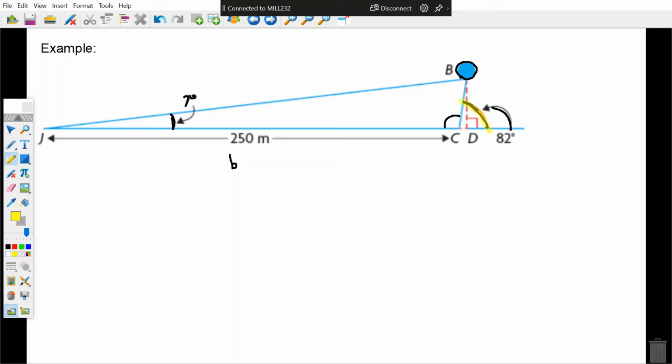This one here is 82 degrees. So the first thing we do, because right now in our triangle we don't have enough information to solve anything. Eventually they're going to want us to find the height of this balloon as our long-term goal. We're not there yet.